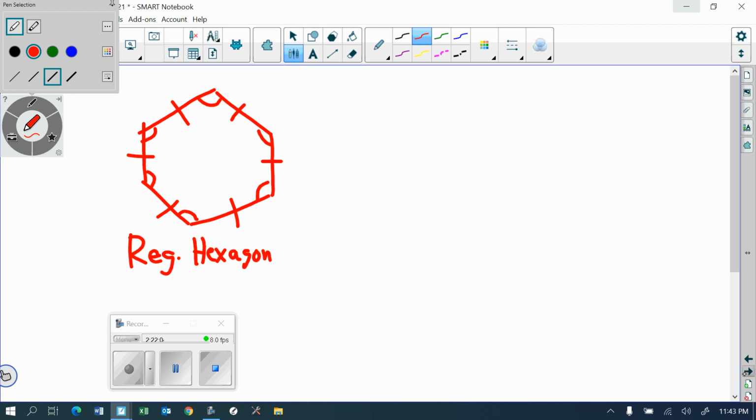You might be asked on a worksheet to find the exterior angle, the interior angle, and the sum of interior angles, meaning all together.